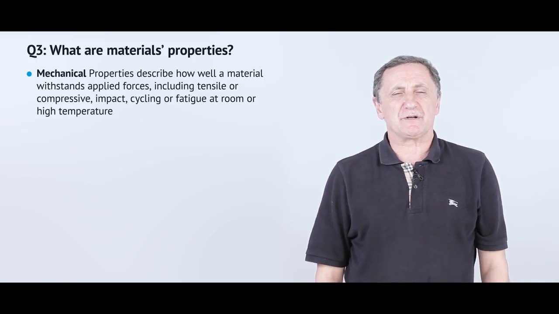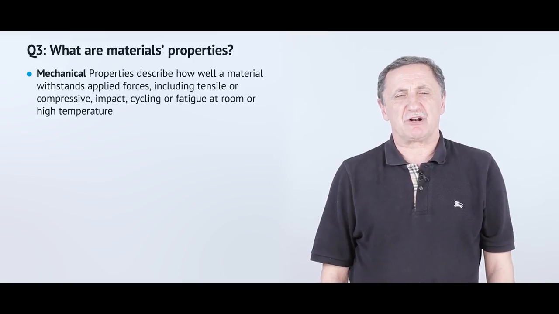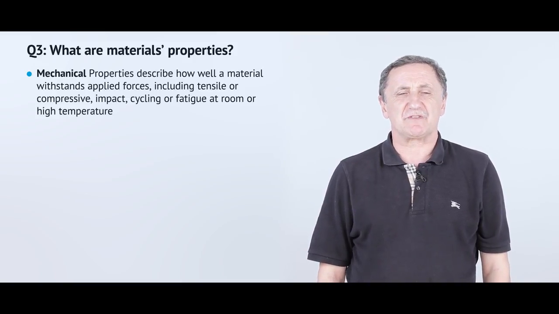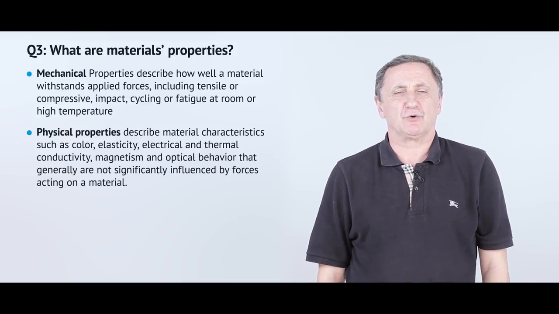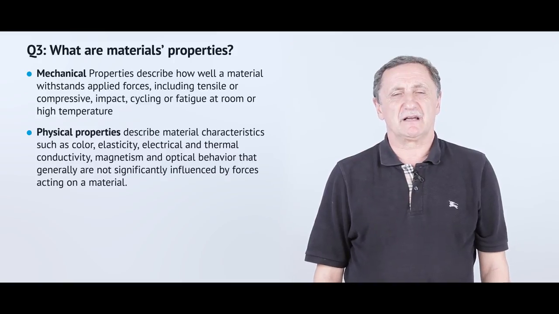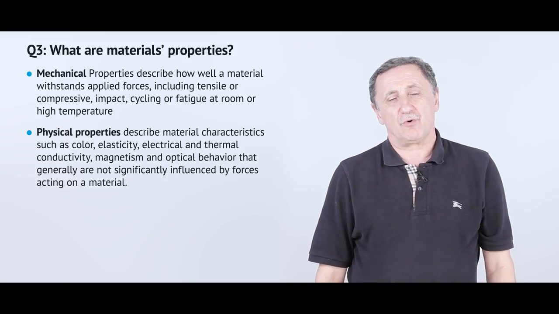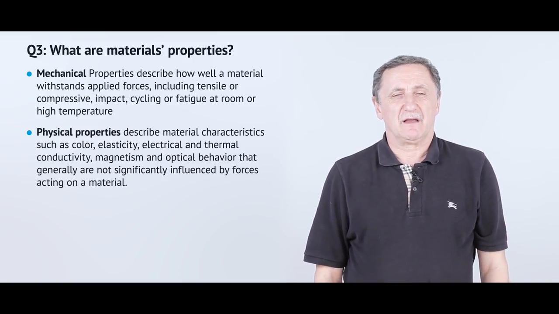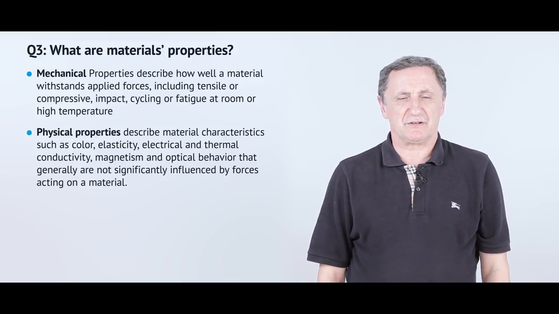The physical properties, the other type, describe material characteristics not so closely related to the applied load, such as, let's say, color, electrical and thermal conductivity, optical properties, and so on and so forth. Or, as we discussed in detail in the previous lecture, the melting point of materials.